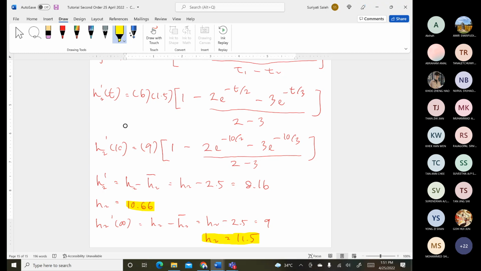For today's class, what I want to emphasize is the second order, which has different classes. For today's topic, I illustrated using multiple storage tanks to get the second order process, where depending on the final transfer function and the value of resistance, you can get either overdamped or critically damped.